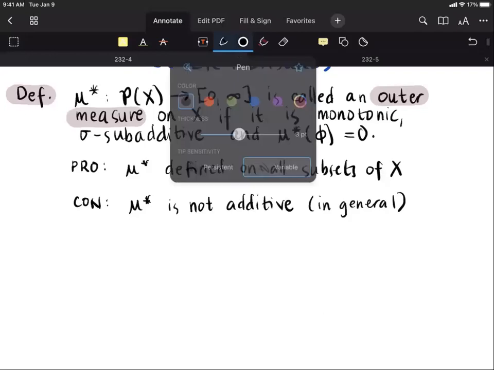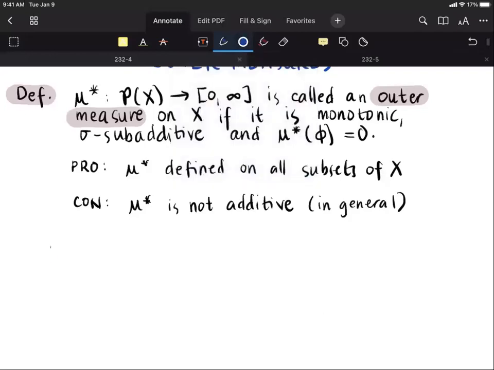So if that is the case, what would be the main idea to obtain the measure? Here we would like to restrict the outer measure.